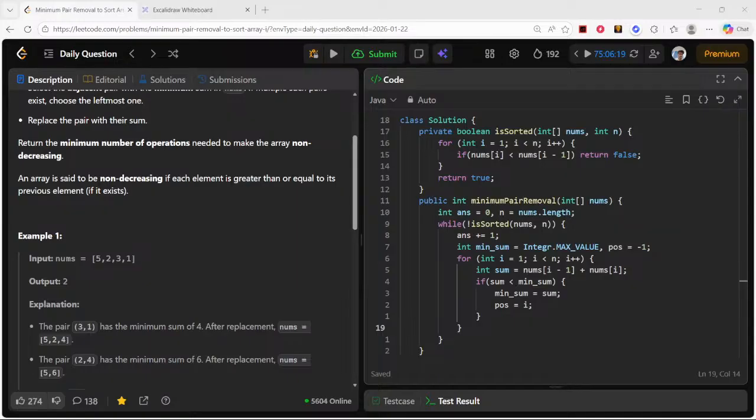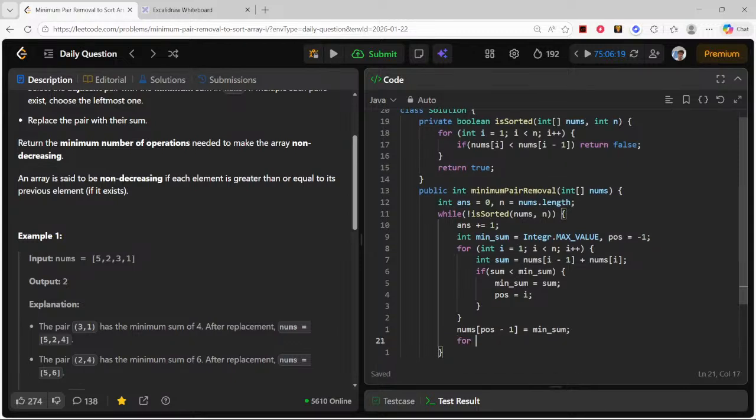After that, positive is i. Now we set nums[positive - 1] equal to minSum, right.